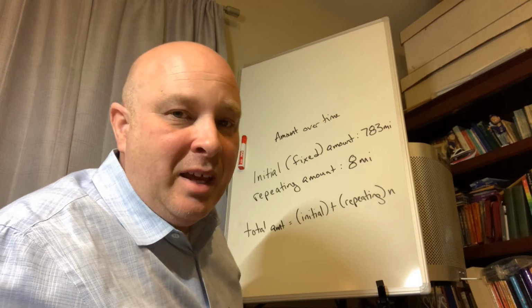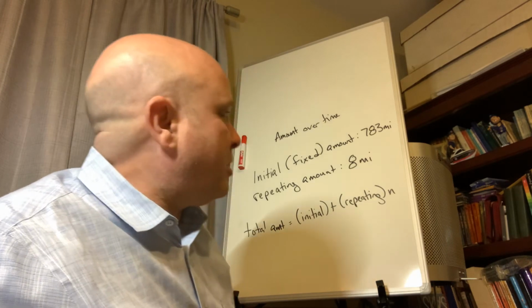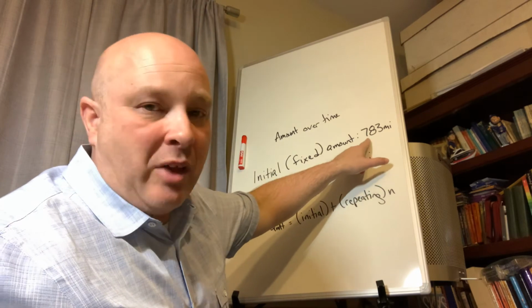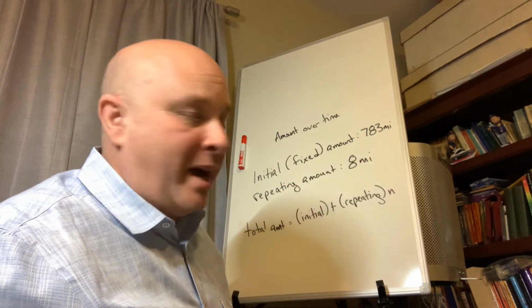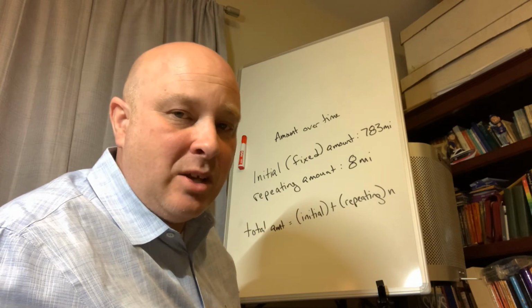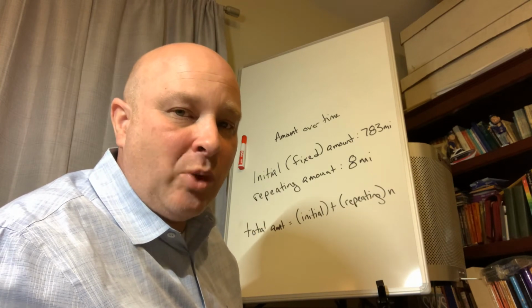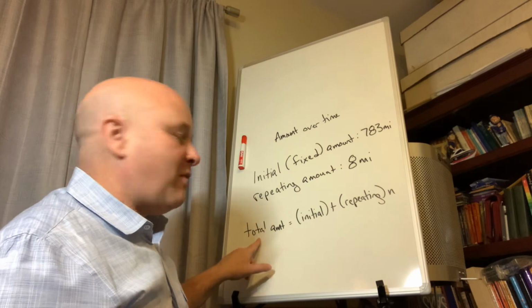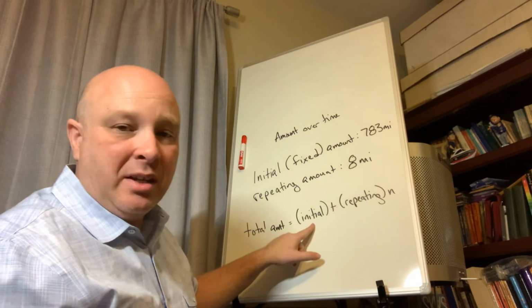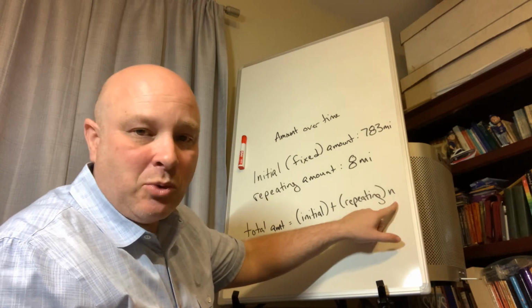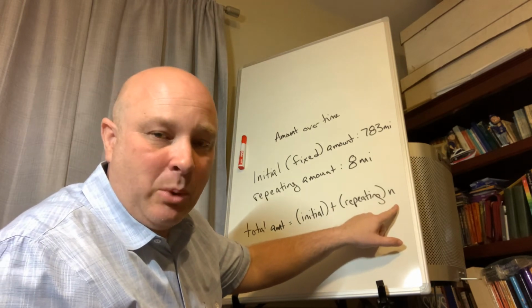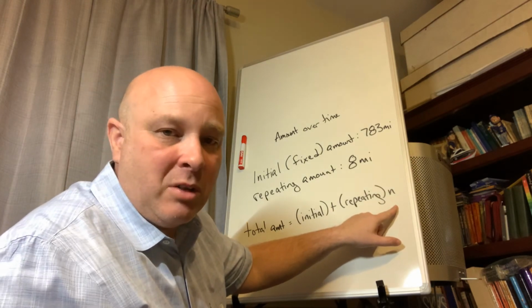If we started off in 2014 with 783 miles, and we want to see how many miles they will have paved in 10 years, here's what we're going to have. Our total amount is going to equal our initial amount plus our repeating amount times how many times we're repeating it. In this particular example, 10 times, because we want to know where they're going to be in 10 years.